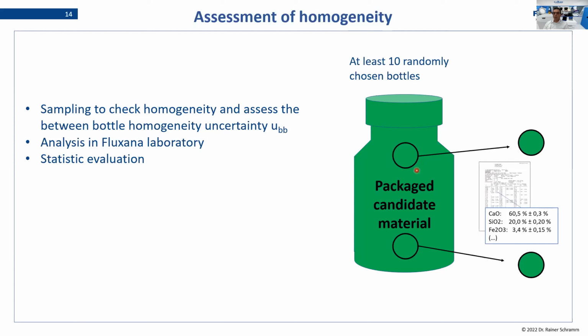So this is why it's so important that the error of the reference materials is small enough that you do not add too much error from the material itself to your calibration.